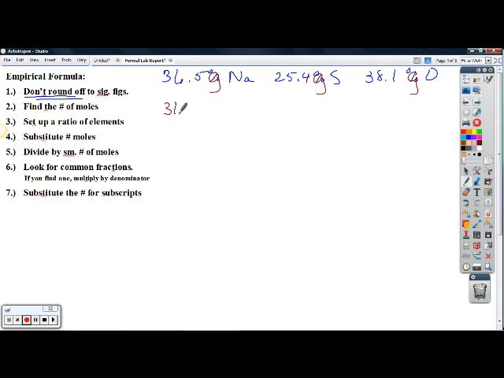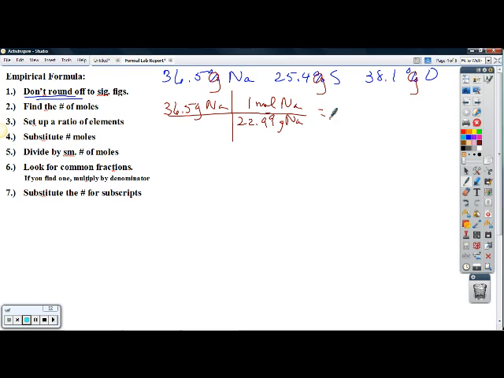So 36.5 grams of sodium, and 22.99 grams sodium per 1 mole sodium. We know how to do that, so I'm not going to spend a lot of time on it because we've had 2 tests on it already. You should know basically what I'm doing here. If you don't, then you'll have to ask.